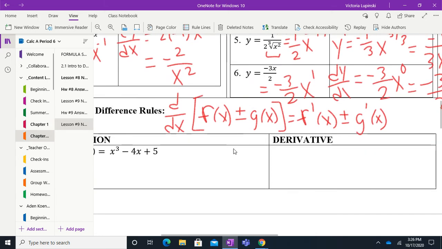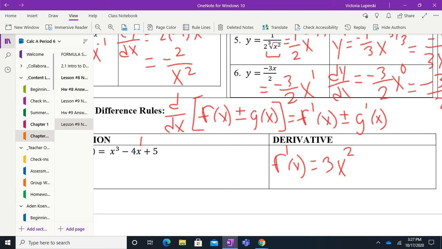So let's take a look here at our next example. Our next example is x to the third minus 4x plus 5. There's no simplifying or rewriting to do other than to remind yourself that this is x to the first. So I'm going to jump right to the derivative step, which is to call it f prime of x. And you're just going to take the derivative one at a time. So the derivative of x cubed: bring down the 3, x to the 1 less power.